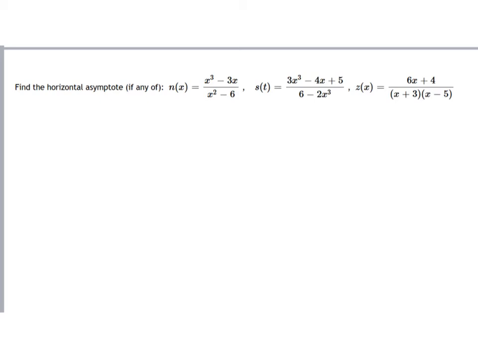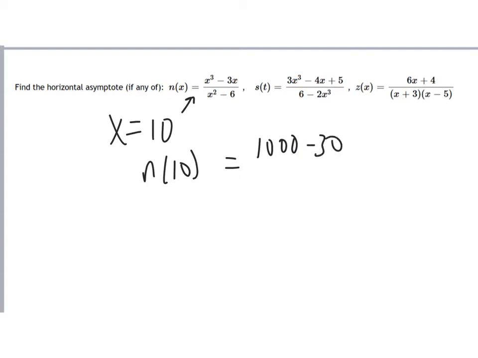Way out at infinity, or really big numbers, let's say x equals 1,000. Let's say x equals 10. That's not very big, but if I look at this n of x number, if I'm finding n of 10, won't that be, let's see, 10 cubed is 1,000 minus 30 over 100 minus 6.